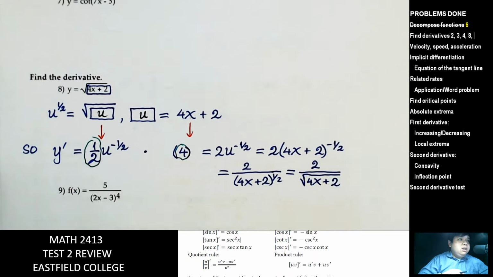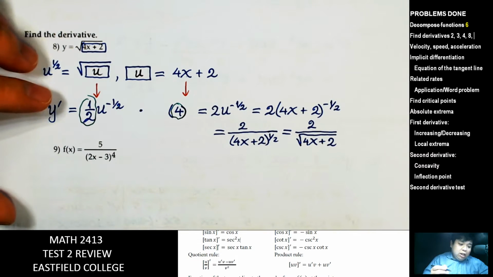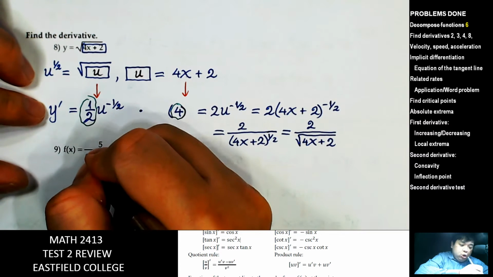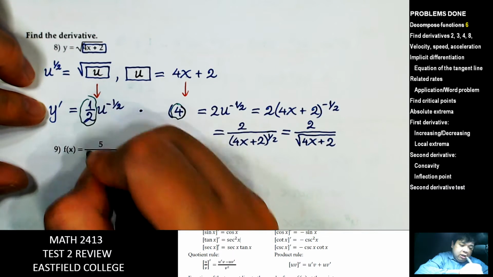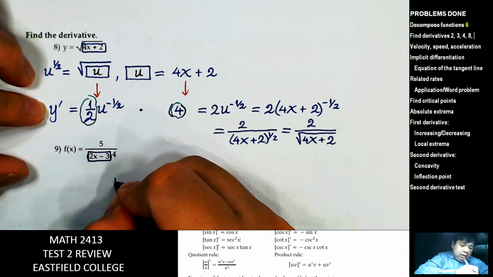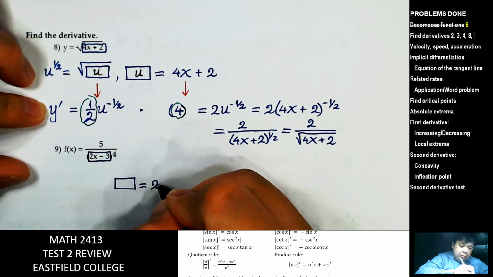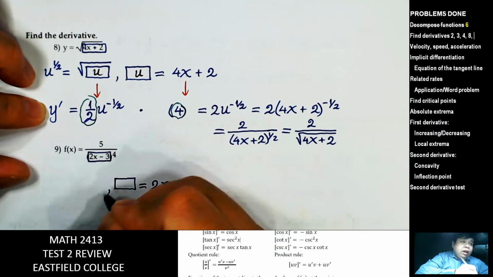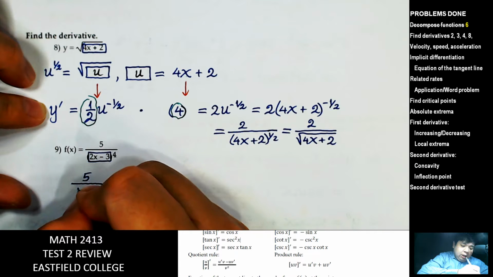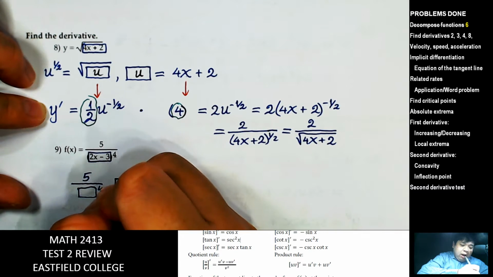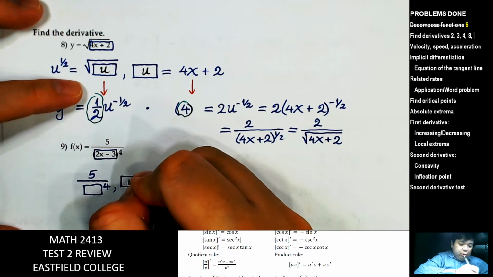Number 9. I will not find the derivative of number 9, but I just decompose that, and then the rest should be easy. So I will put inside the parentheses, inside the box. In front of that, I will have 5 over the box to the 4th power. Right. Let's label the box u.